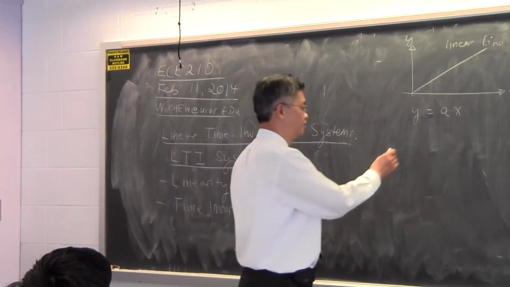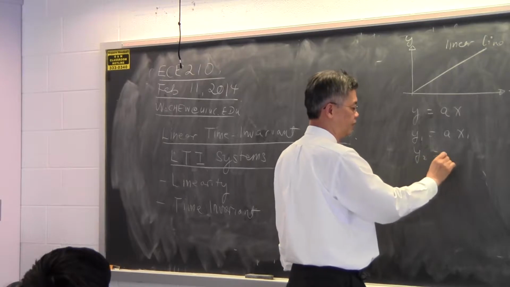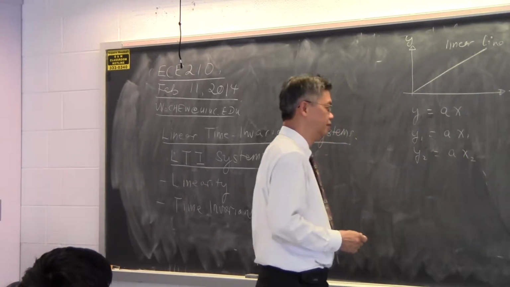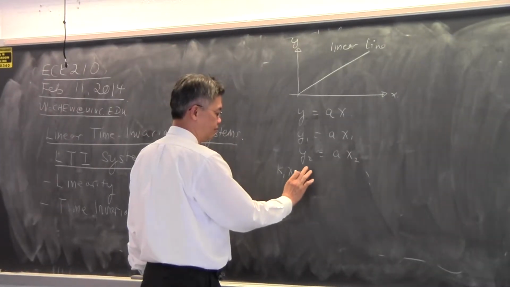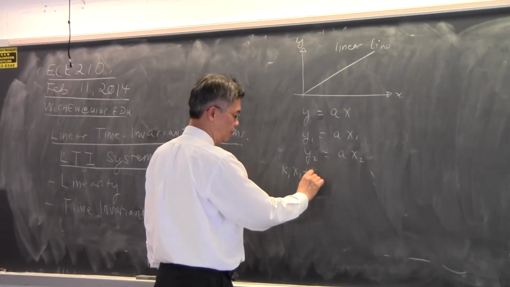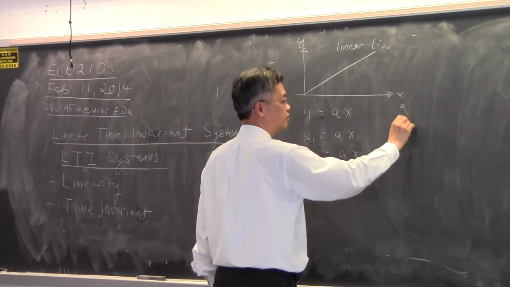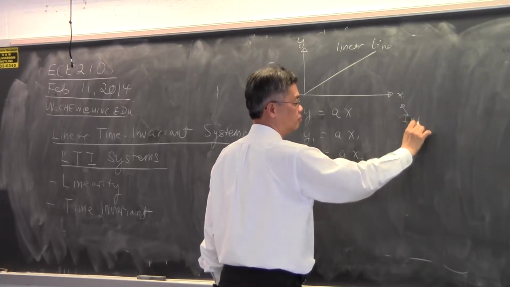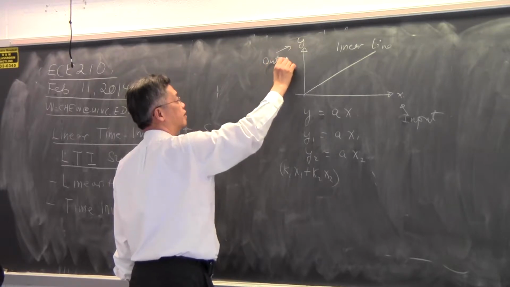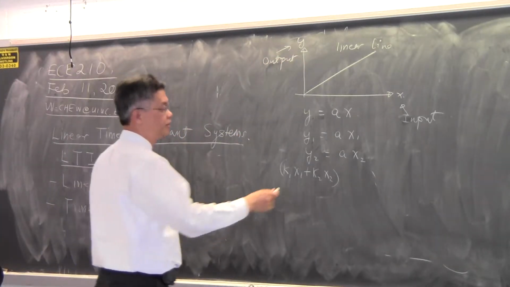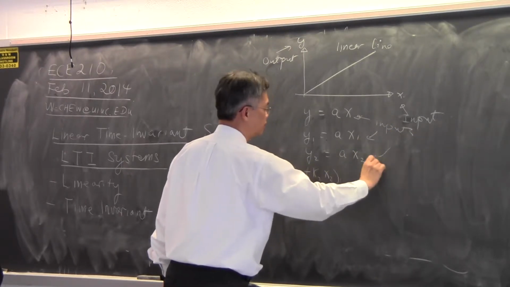Say you have y1 equals ax1 and y2 equals ax2. If k1 x1 plus k2 x2 is the input, this is the output. This is the simplest of its kind. These are the outputs.